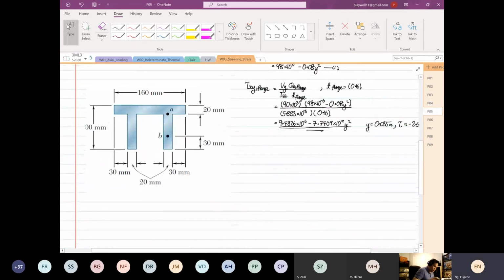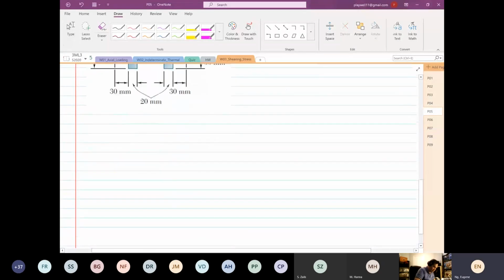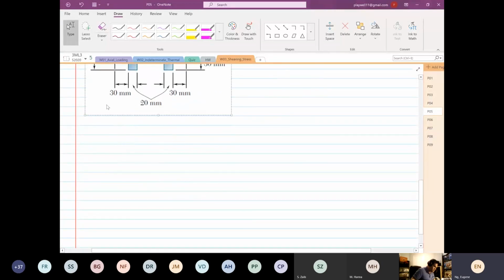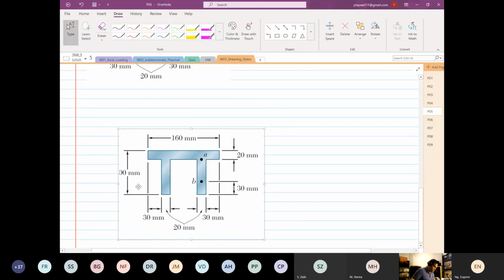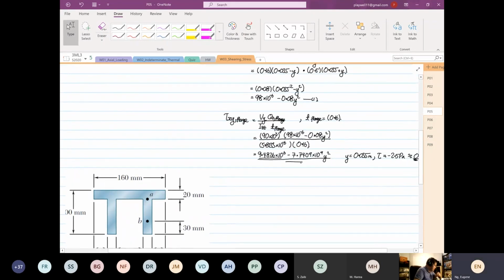So the next one that we're going to do, we're going to form another limits. Okay, I need this diagram again. Right. So now we finished the flange section already.